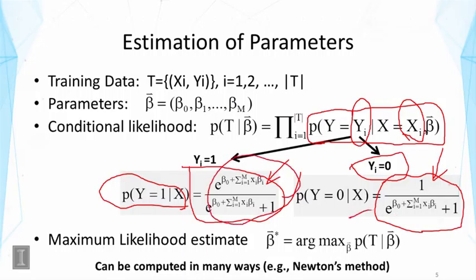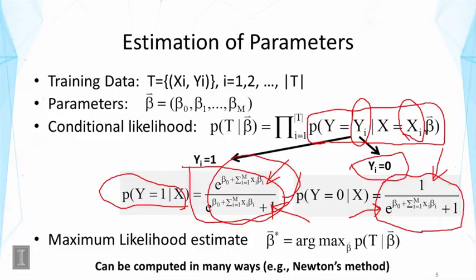When you maximize this one, it's equivalent to minimizing this one. So you can see basically if we maximize the conditional likelihood, we're going to try to make the prediction on the training data as accurate as possible.